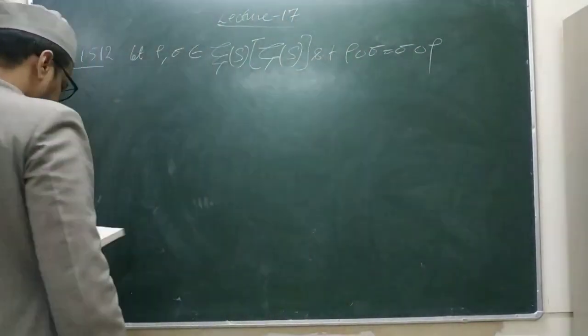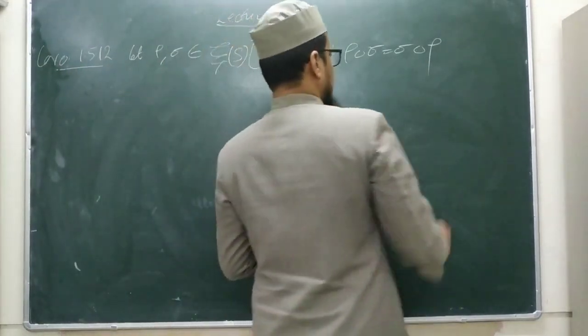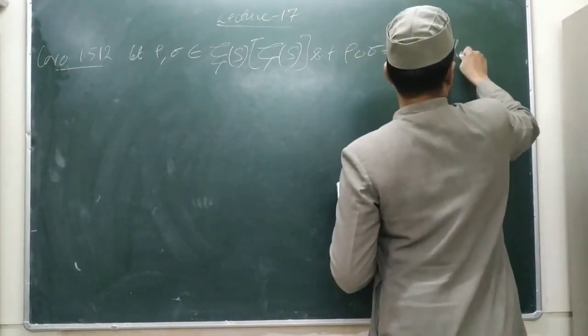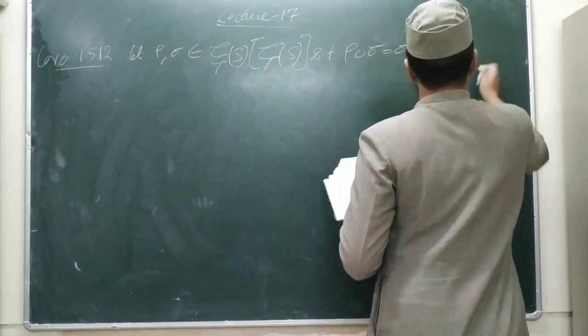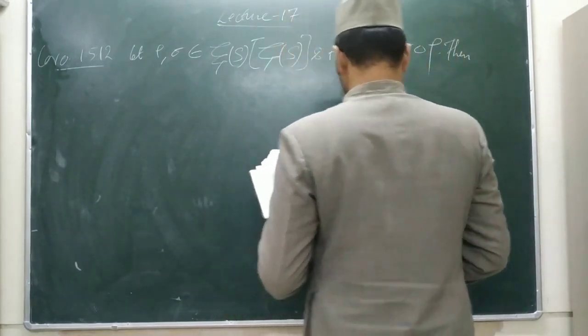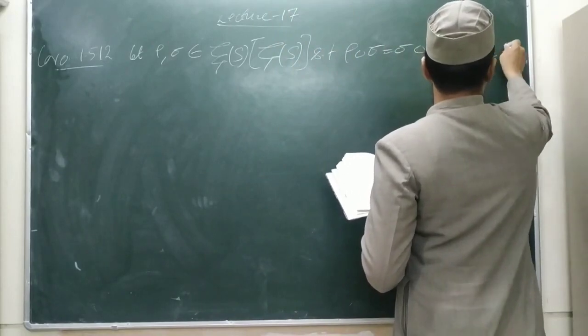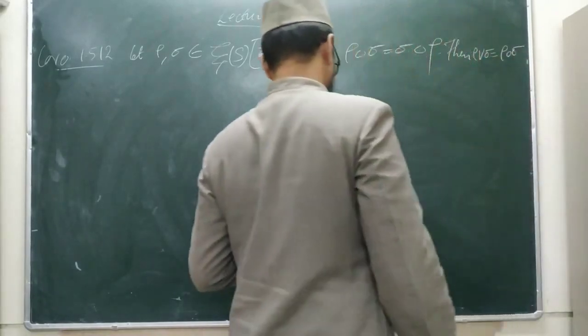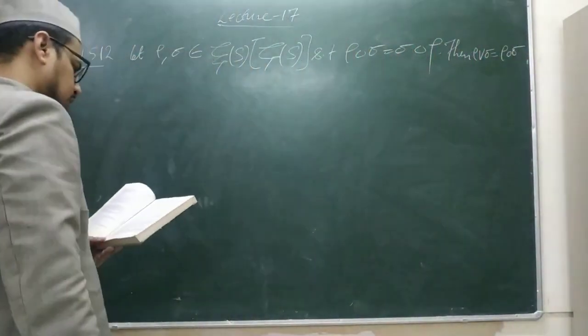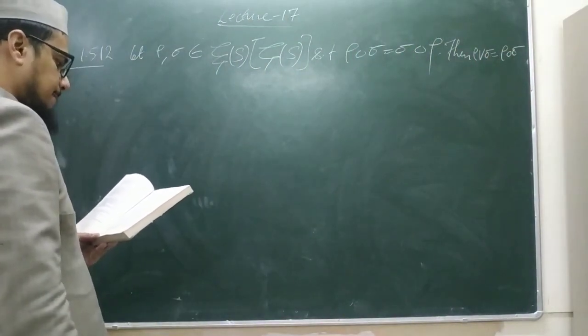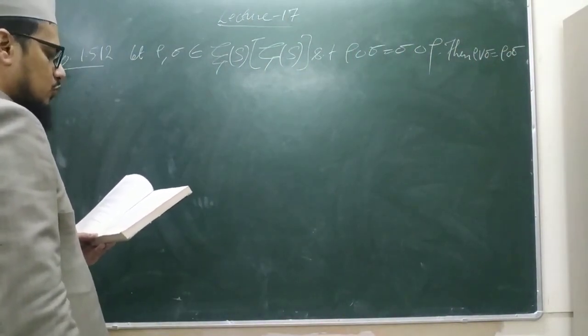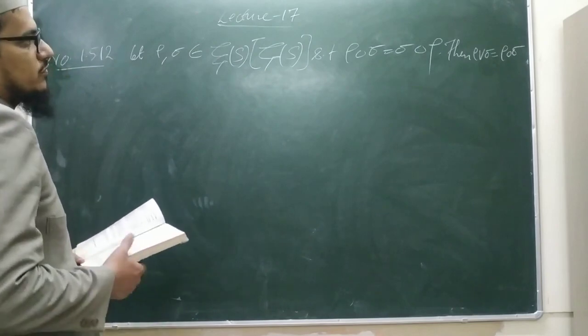Correct? Then they are saying that rho join sigma is equal to rho composition sigma. So we have to prove this. Rho join sigma is equal to rho composition sigma.